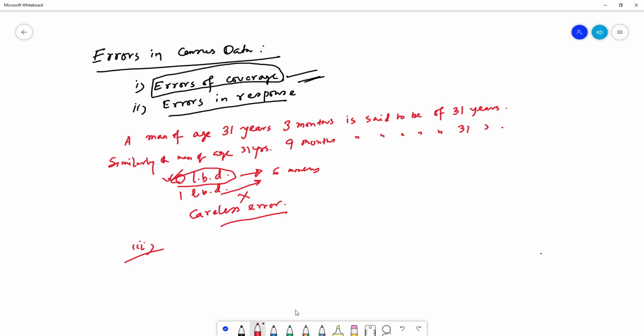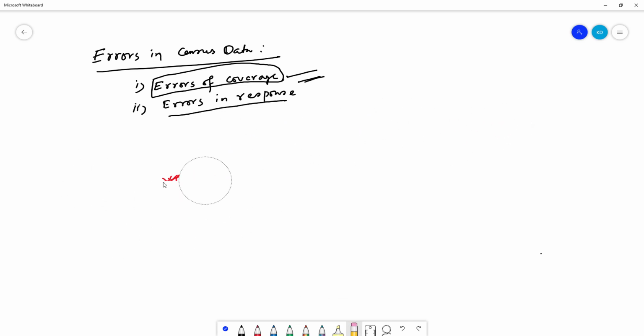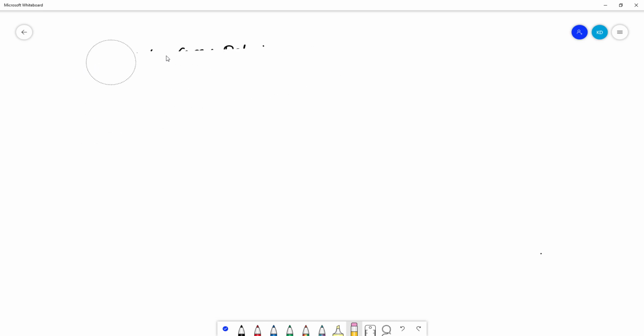Next, methods of guarding against the errors in age returns of census data. The enumerators should be given better training, explaining the significance of all the terms included in the census schedule.